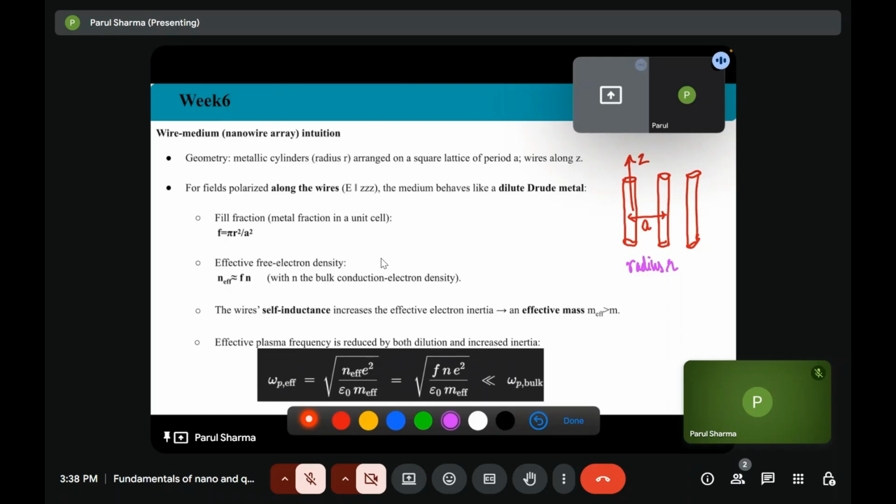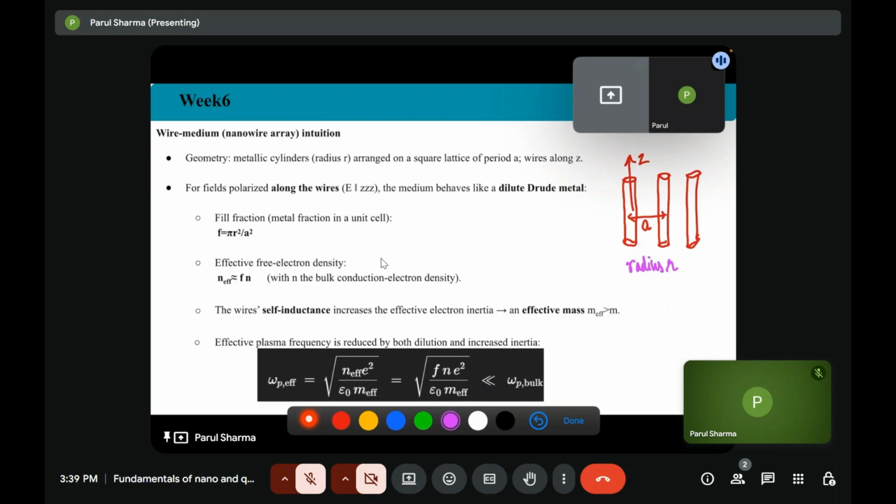My fill fraction will be the area of the circle divided by the area of the cube, given by pi r square by a square, and the effective electron density will be n effective equals fill fraction times my conduction electron density within the bulk, that is defined by n.